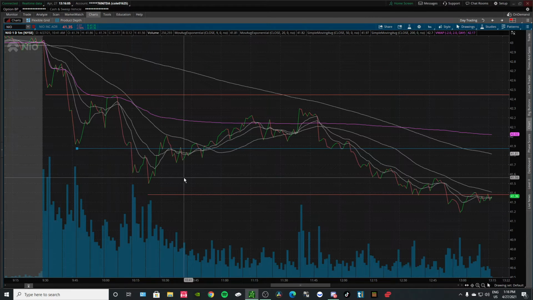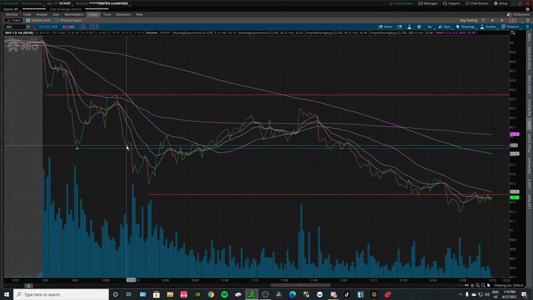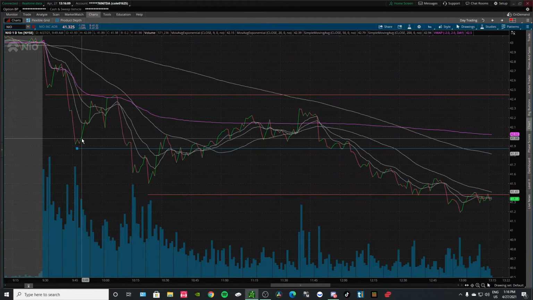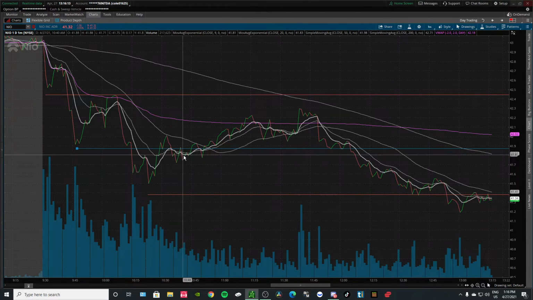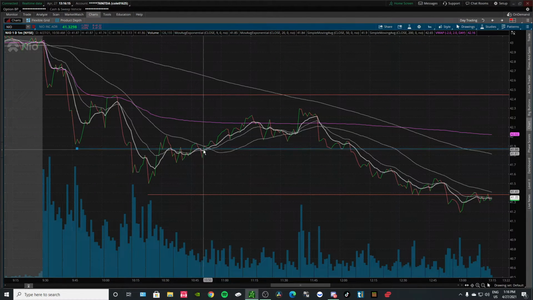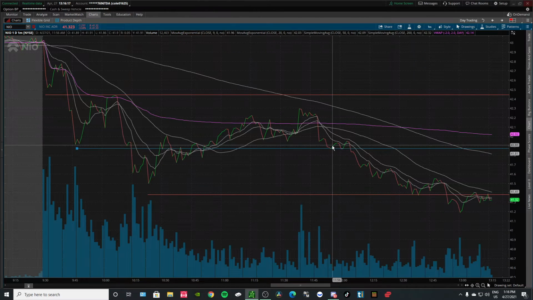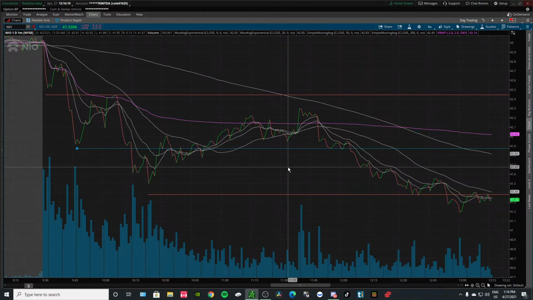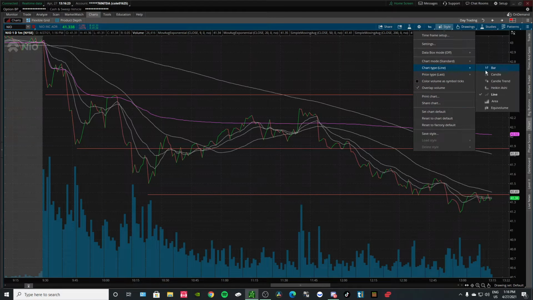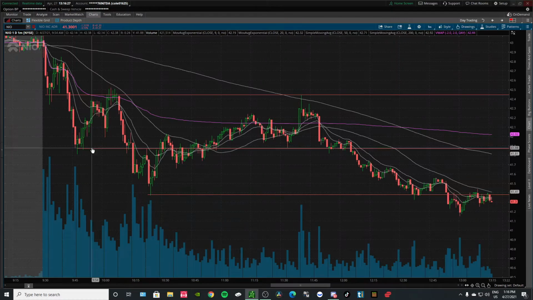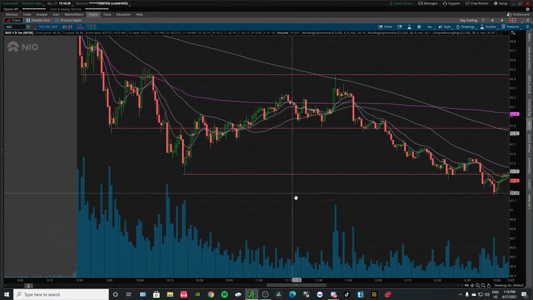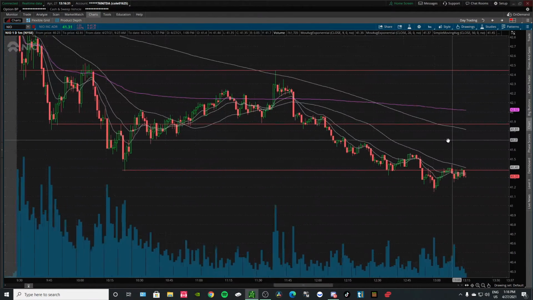So like boom, find resistance, or no, support, support, resistance, something right there. Support. The line chart is better and easier to find these support levels for beginners, but eventually you'll just see it and it'll just become intuitive to you guys.